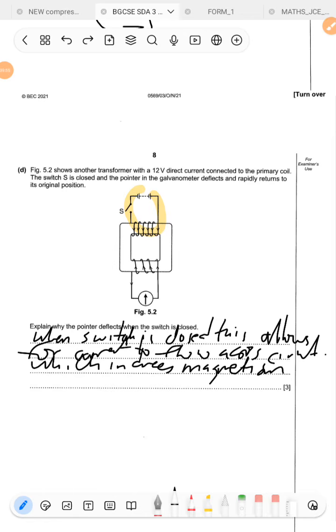Now this core is temporarily a magnet. Now this magnet has a magnetic field.